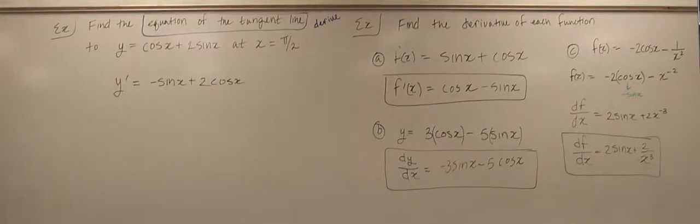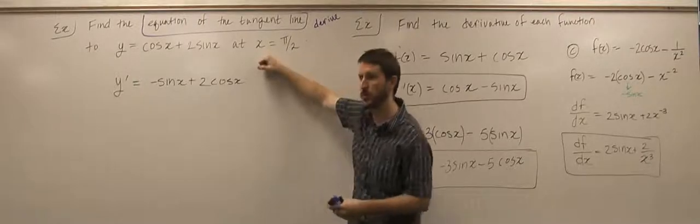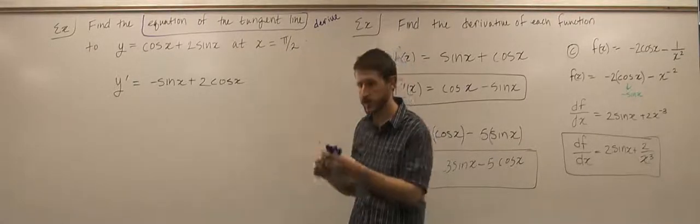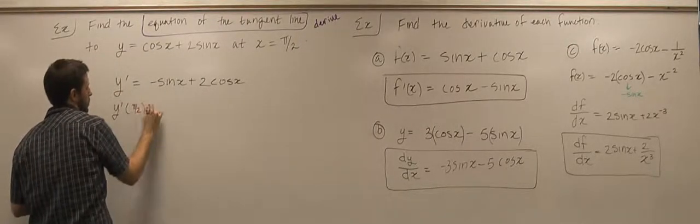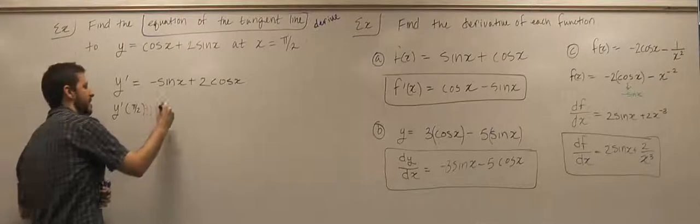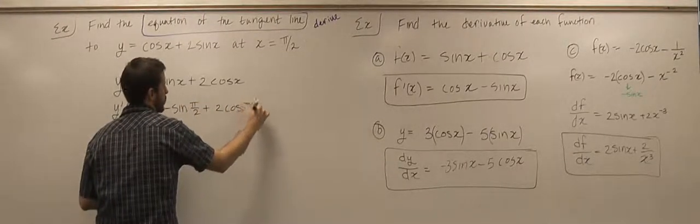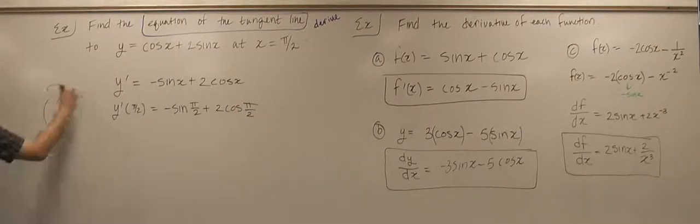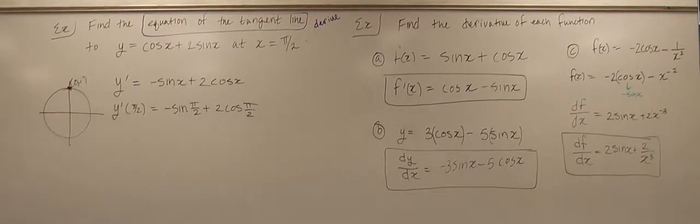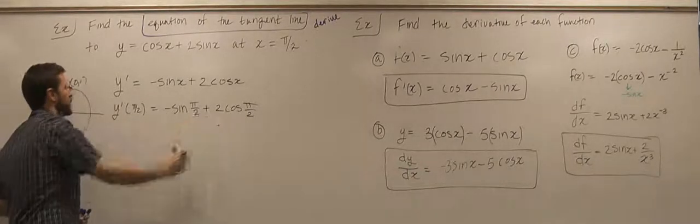So here's your derivative function. But I want the equation of the tangent line at x equals pi over 2, so I plug pi over 2 into this. I have negative sine of pi over 2 plus 2 cosine of pi over 2. Sine of pi over 2 is 1, and cosine is 0.